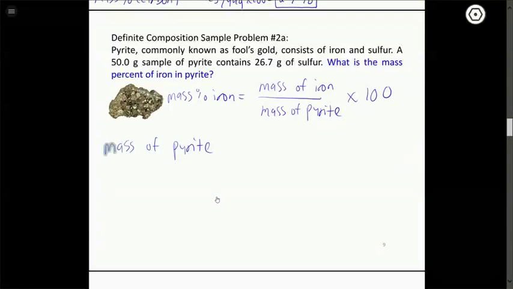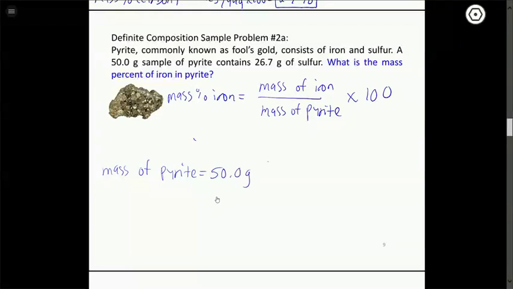I'm going to move this down a little bit so I can solve the problem above. All right, so the mass of pyrite is 50 grams. That's given directly in the problem. Try to sort through your given information, figure out what you already have and what you do and don't need to solve the problem.